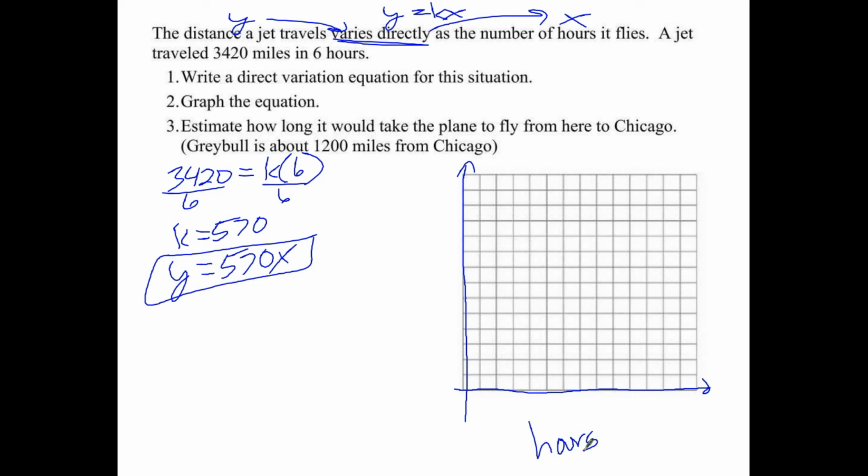And that makes what on the vertical axis? The distance traveled. That's miles. Okay. Now what do we got to do? We need scales. So hours flown, what's a good scale going to be there? Yeah, we can go by ones. That's going to be all right.